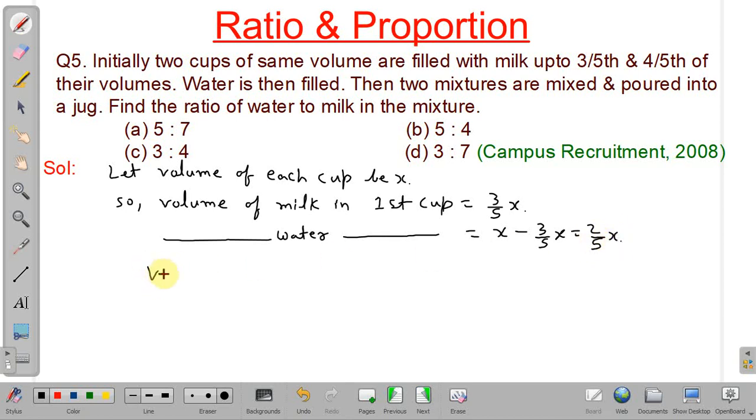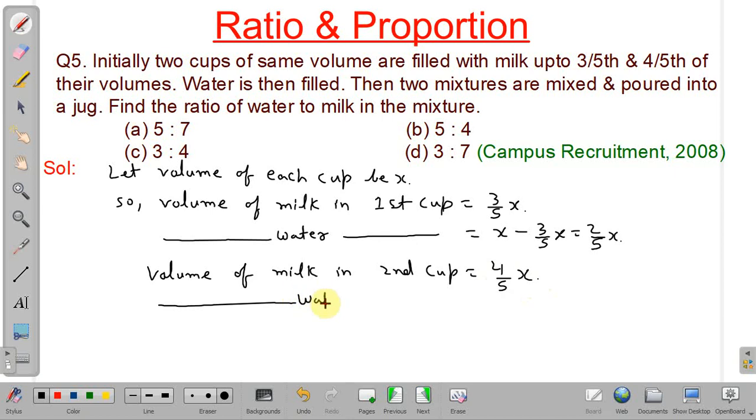Now we can find the volume of milk in the second cup. In the second cup, it is equal to 4/5 times the cup volume, that is 4/5 x, and the volume of water in the second cup will be equal to x minus 4/5 x, that is x by 5, and we have to find the ratio of water to milk.